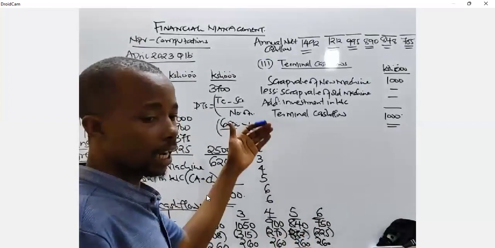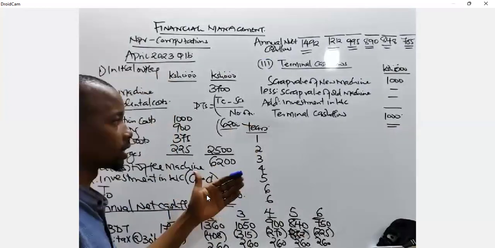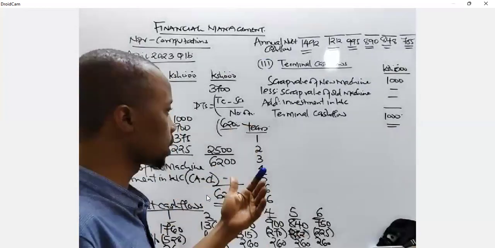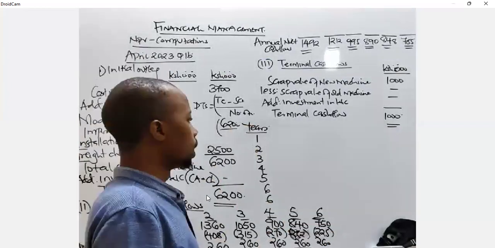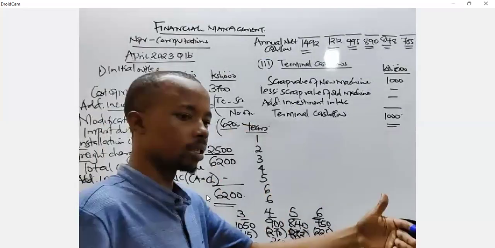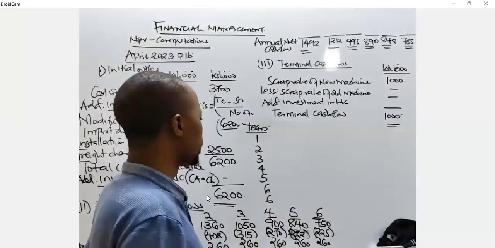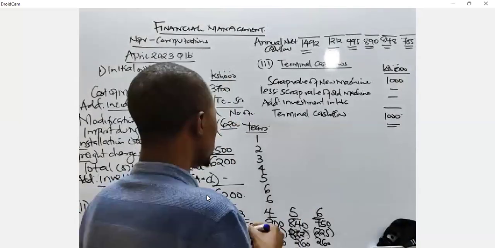So there is a revenue which has been generating over the years, for the period you stated, and then there is a period at the end where you are saying it will be ending in year 6. How much will it be? So that is what we know. We are discussing the terminal cash flow.